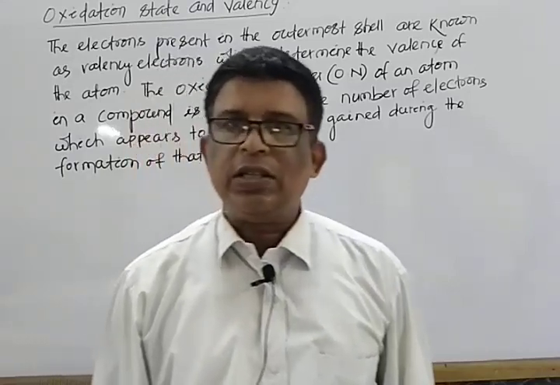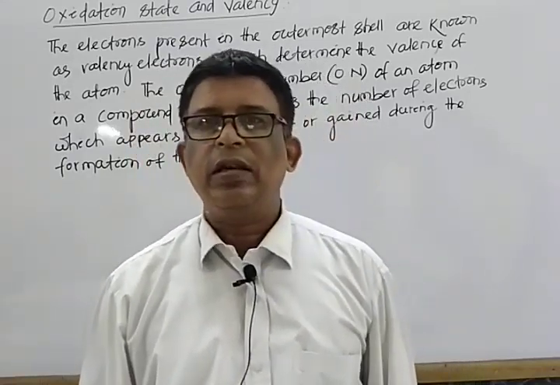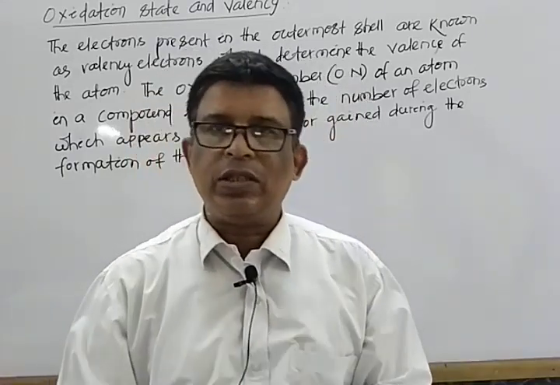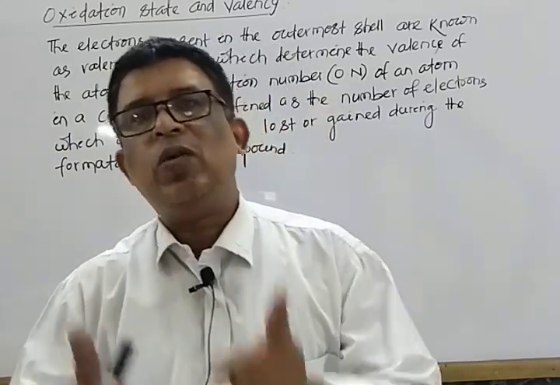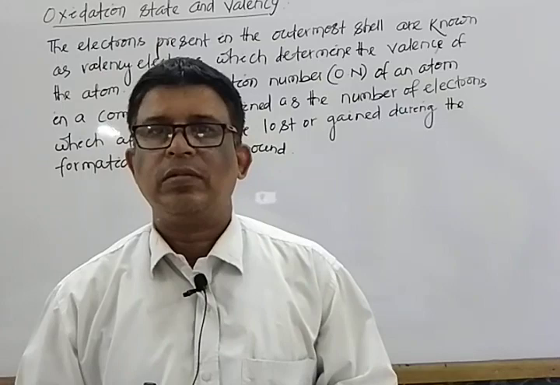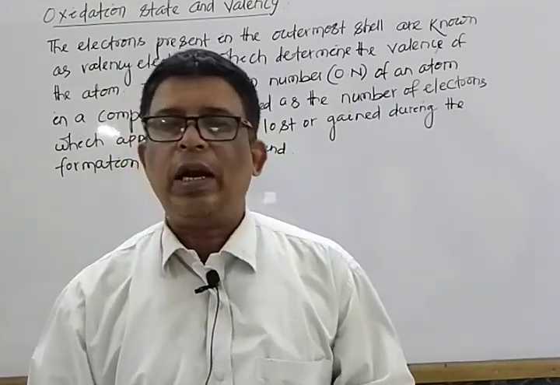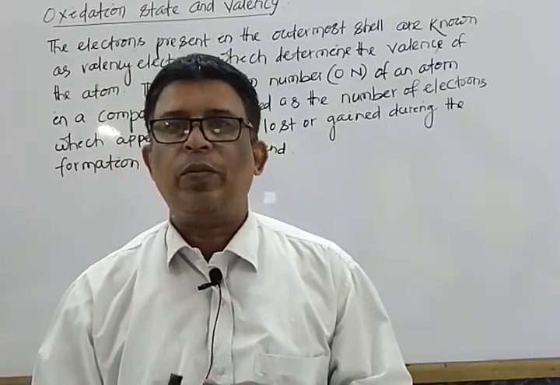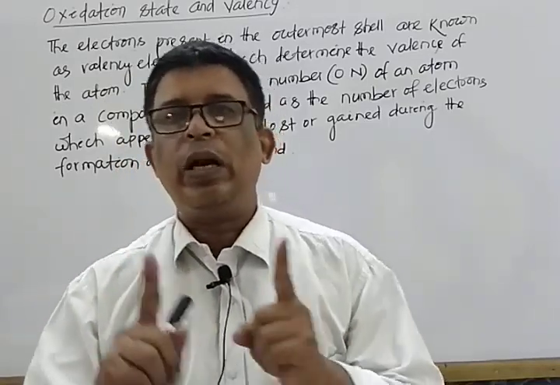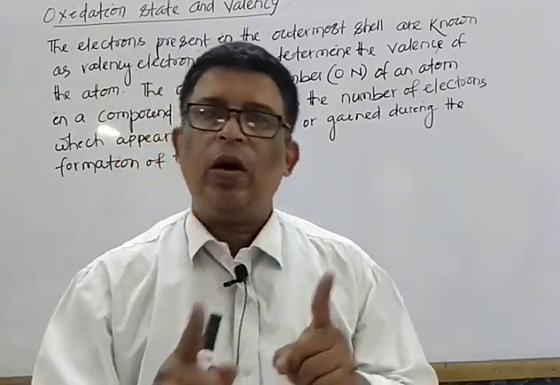And the oxidation state is defined as the residual charge. Oxidation state or oxidation number is defined as the residual charge during the replacement of an atom in a molecule, or during the formation of a bond, the number of electrons lost, gained or shared.